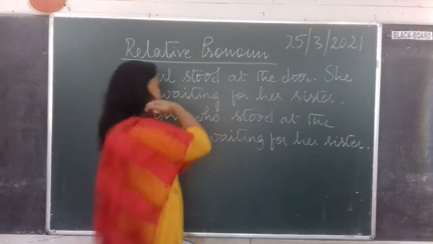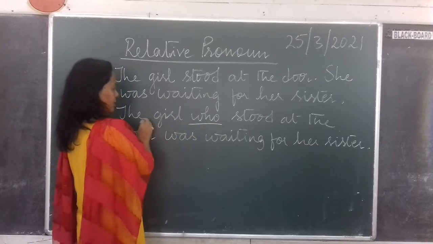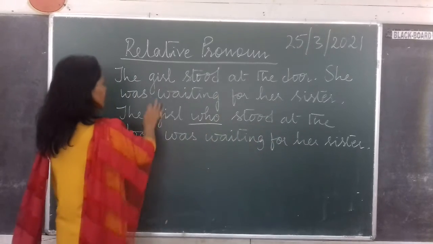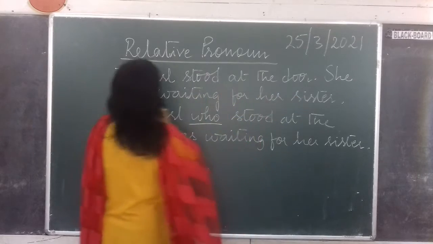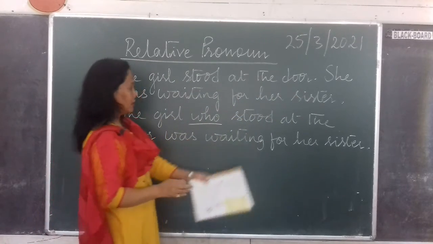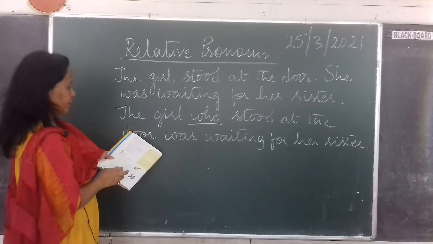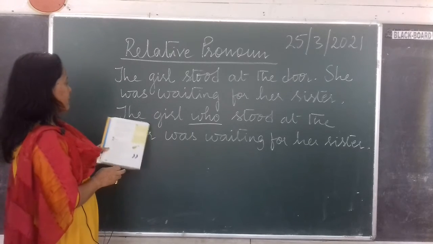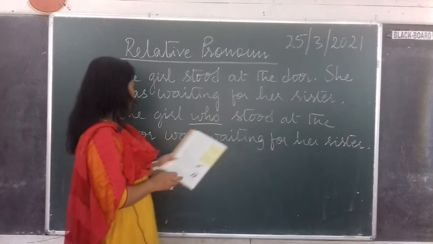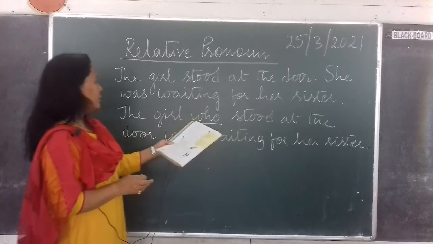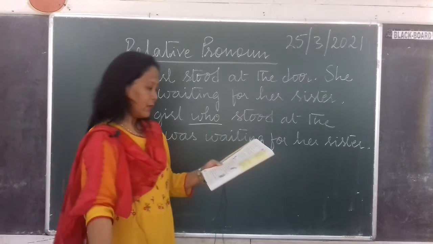So which is a pronoun here? Who, right? Because the word who is joining two sentences. The girl stood at the door. She was waiting for her sister. So when I write using the relative pronoun, it becomes the girl who stood at the door was waiting for her sister. So who is a relative pronoun.